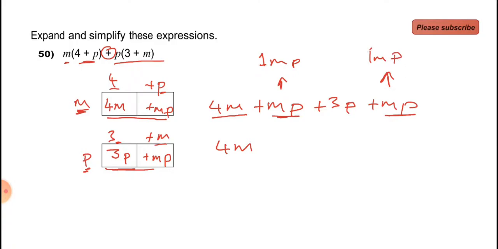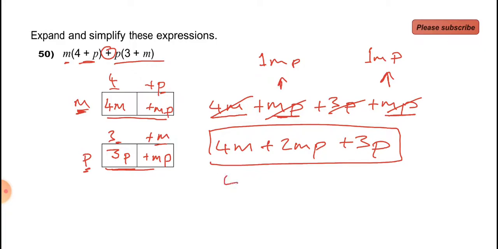So 1 mp and 1 mp is 2 mp, so plus 2 mp. We've dealt with 4m, we've dealt with mp and mp, and then we've got plus 3p left. So this is the final answer.